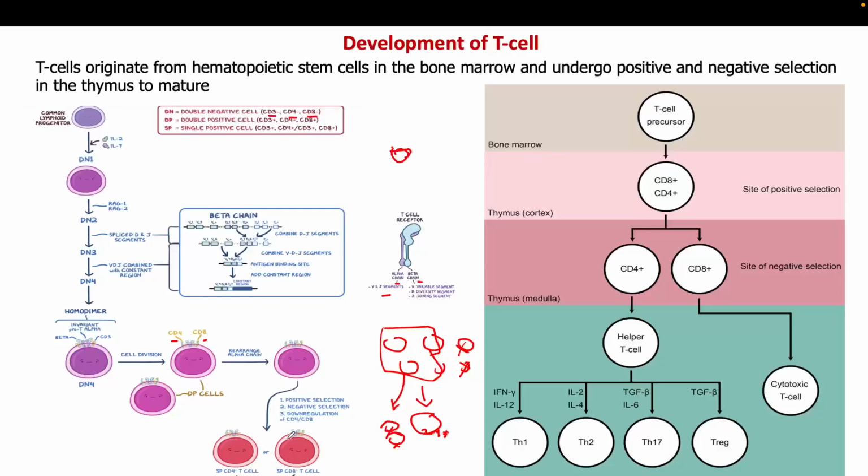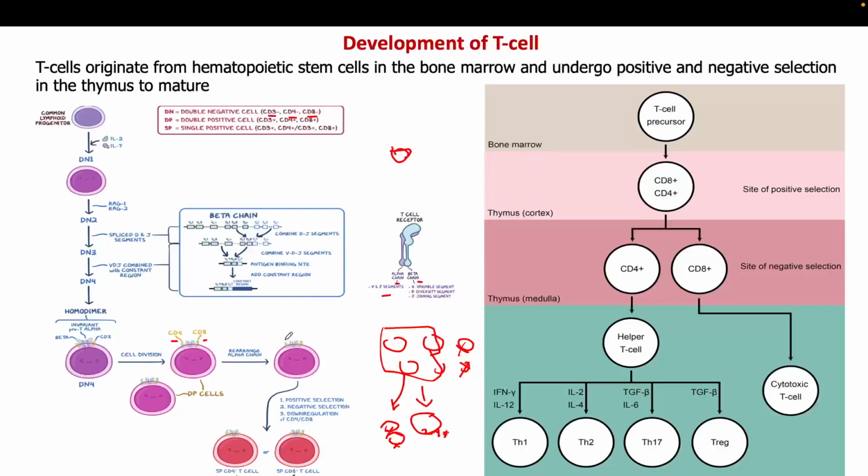Then after positive and negative selection, it has both types of receptor, CD4 as well as CD8. But like in the case of B cells, where some of the B cells divide into plasma cells and some into memory cells, here also some of the T cells will become specific CD4 T cells, and some will become specific CD8 T cells, by down regulating the other T cell receptor.